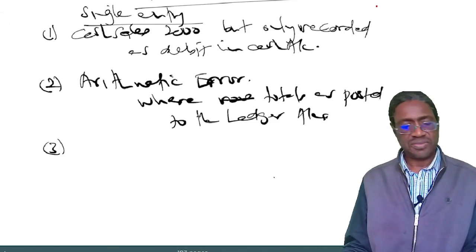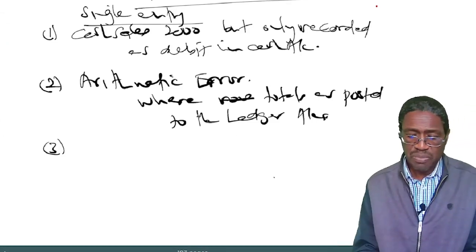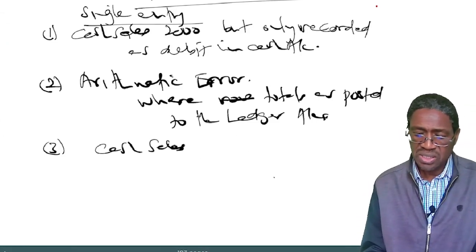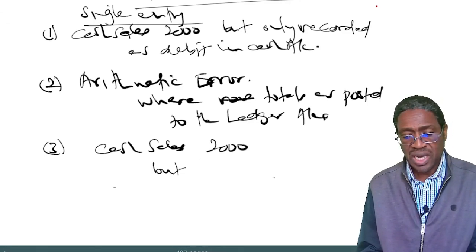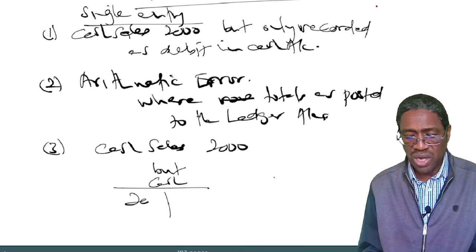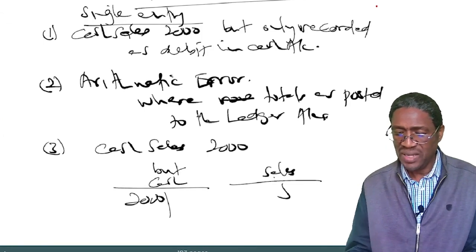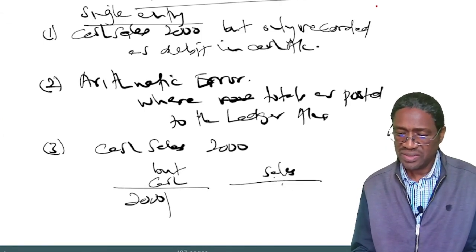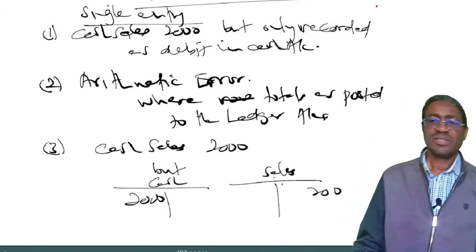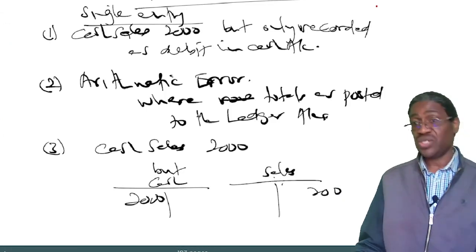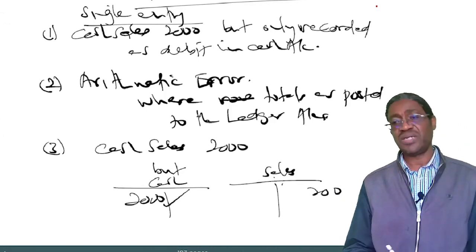Good. What could be another transaction? Listen. If, for example, you had cash sales of 2,000, but cash was debited by 2,000, sales was credited by 200. You debited cash by the correct amount, 2,000.